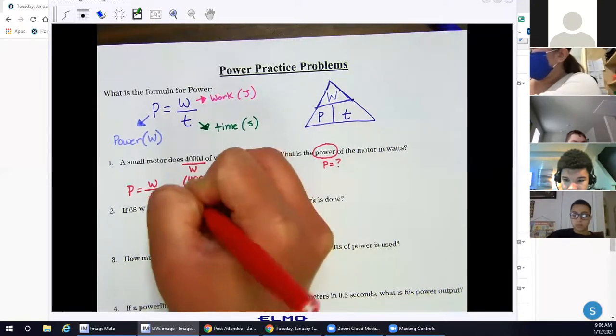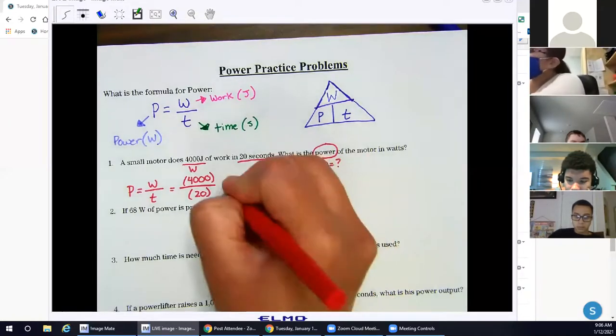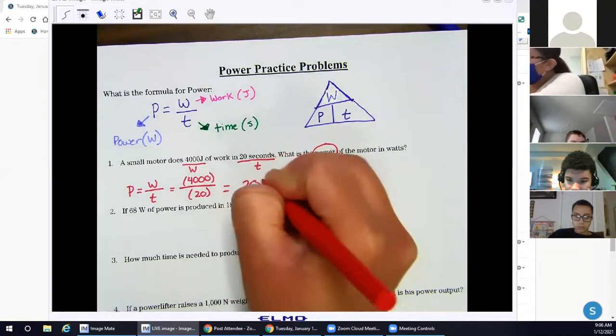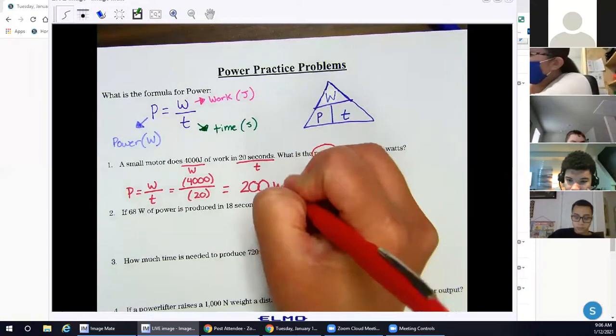Time is 20. So you're just doing 4,000 divided by 20. And that's 200. And then the units for power are going to be watts. So it's 200 W.